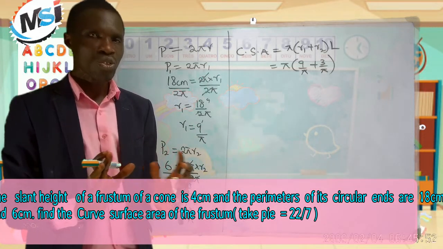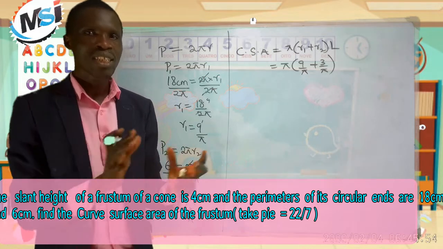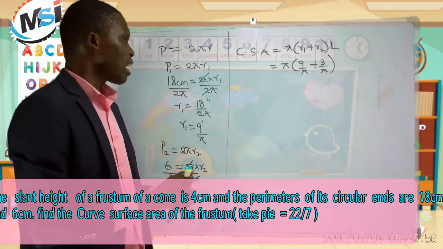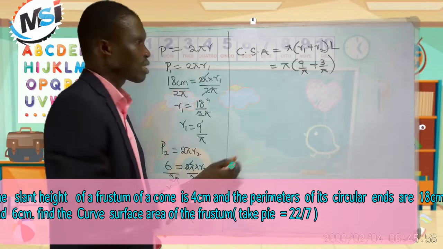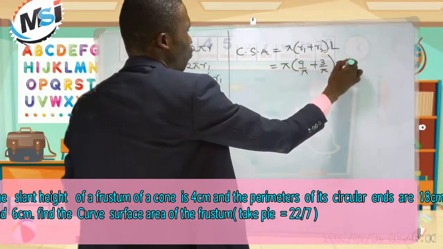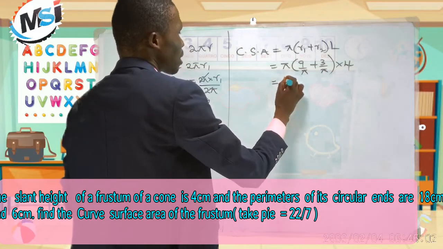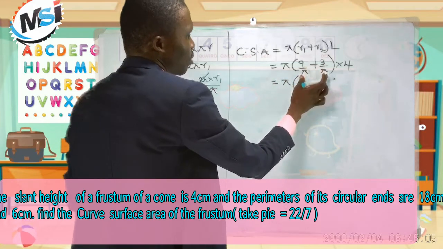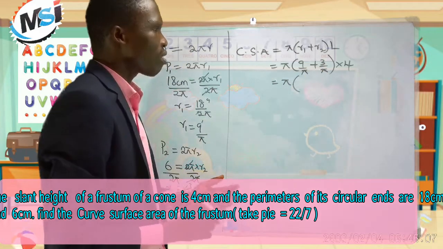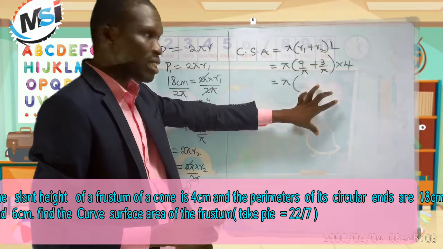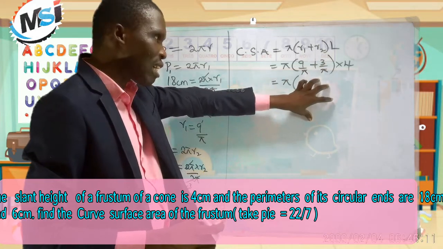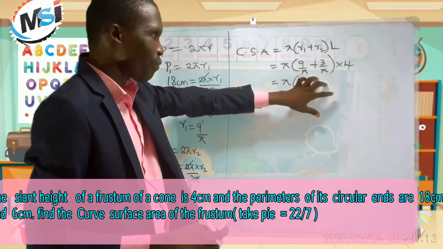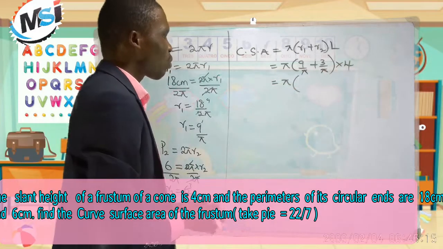If you read the question very well, L is the same thing as slant height. So times 4. Now remember that according to BODMAS, what we have inside the bracket, we must solve first before the one outside.